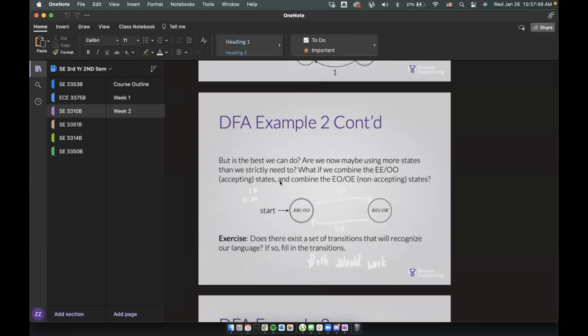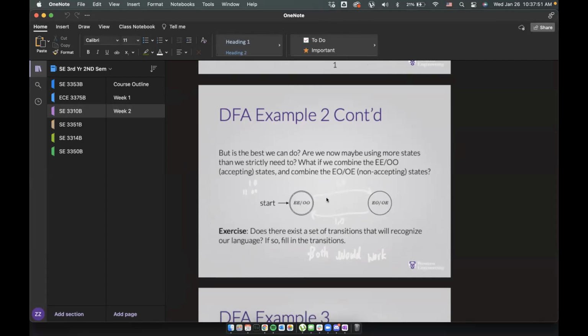So basically, this state transfer between the double E and double O to EO or OE is basically both 1 and 0 would transfer to there. So I made an example of 1, 1, 0, 0. Basically, it's a double E scenario. If you add a 1, it's going to be 3 1s and 2 0s.